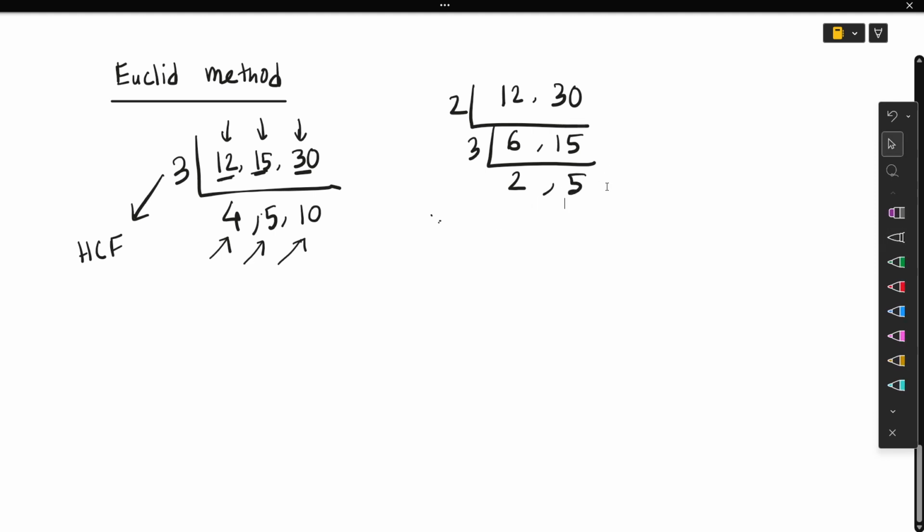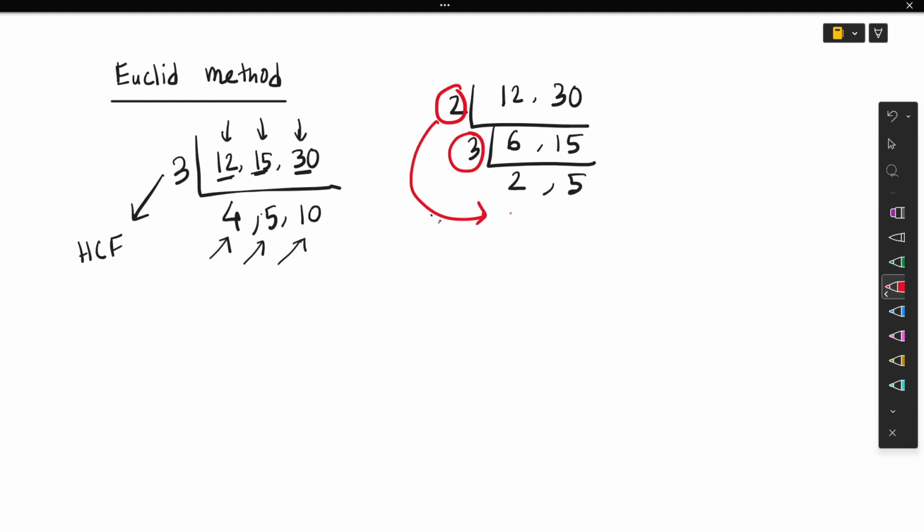So we can write here that 2 times 3, this is 6. 6 is the HCF.